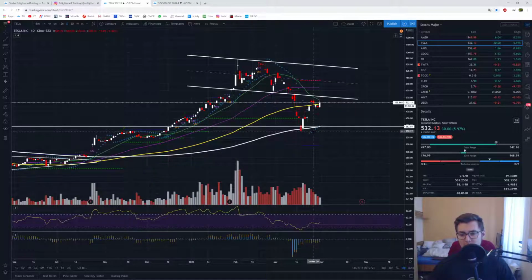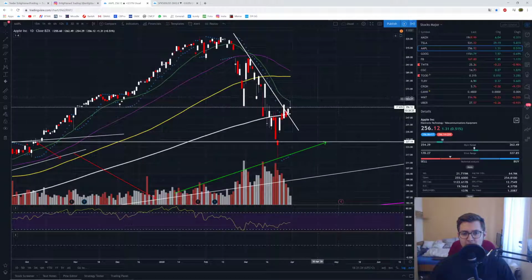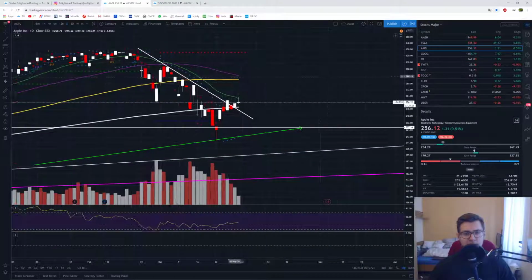Maybe we wick below it, but I actually don't think so. I do think we can consolidate here longer. Maybe even if the stock market in general breaks down, Tesla could still hold these lows. I do think that is not too unlikely, and I will give it actually over 50% chance that we hold this low for now.